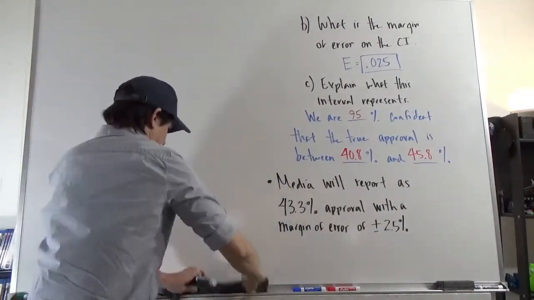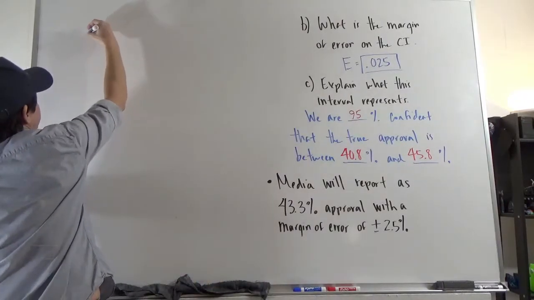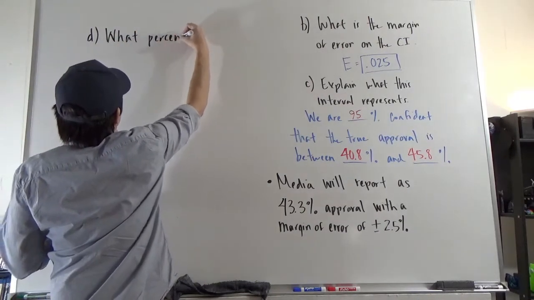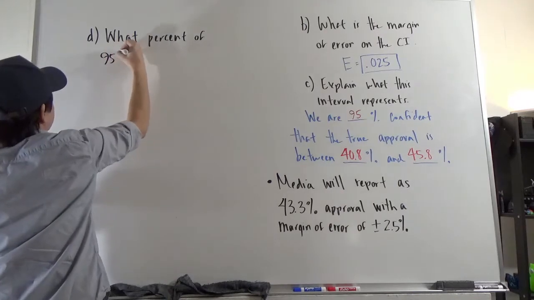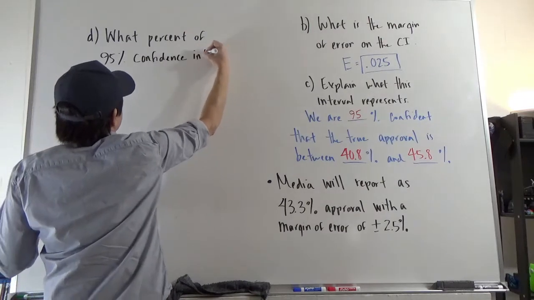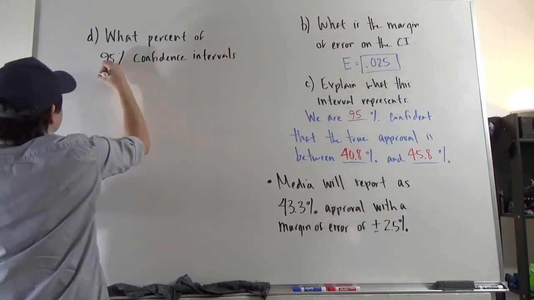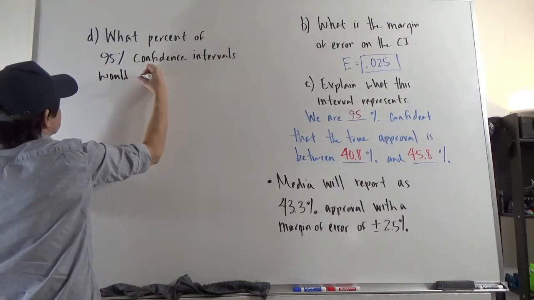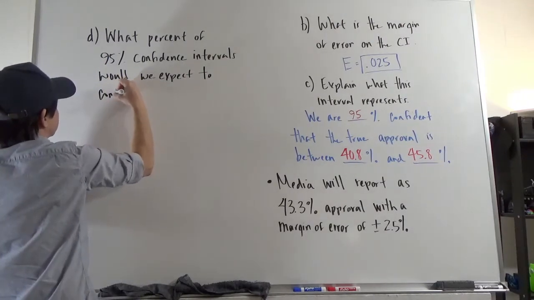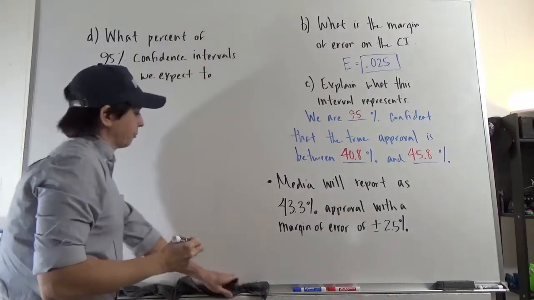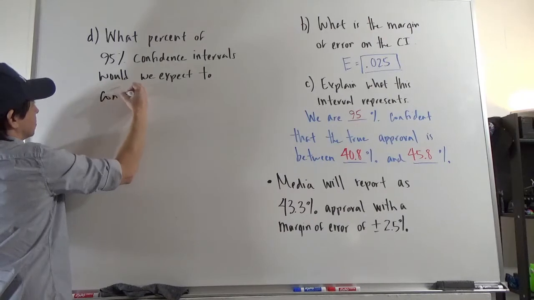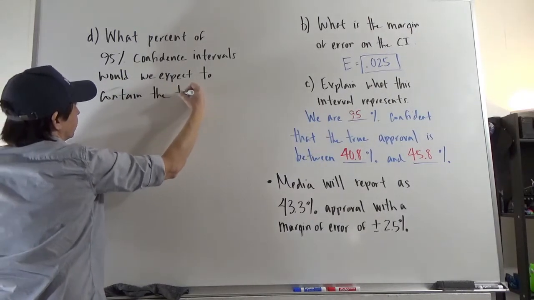And that means for part D, I'm going to write part D and E together. What percent of 95% confidence intervals would we expect to contain the true proportion?